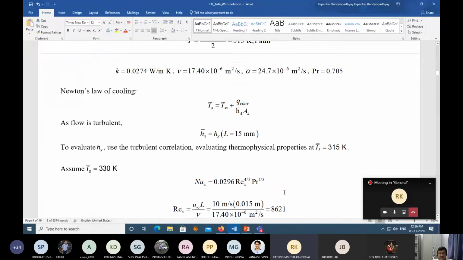Now calculate the Nusselt number, and from there you calculate the heat transfer coefficient.